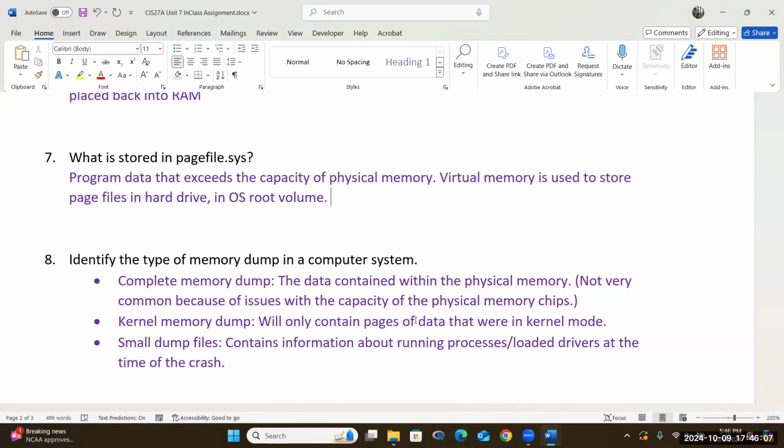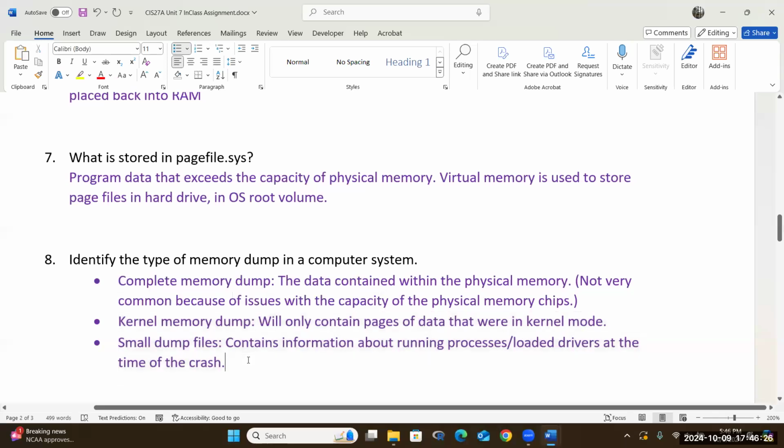Any questions? So we want to make sure that we look at various types of memory dump depending on what you're investigating. Often you see these. Yeah, so when you're dealing with malware, you often see these too.